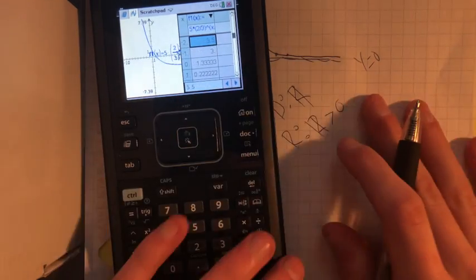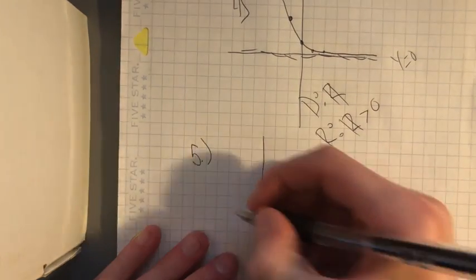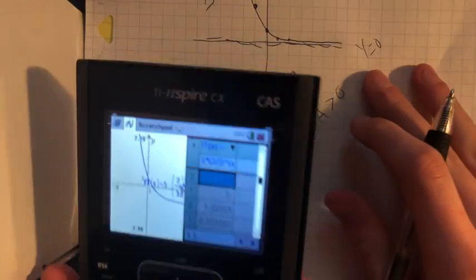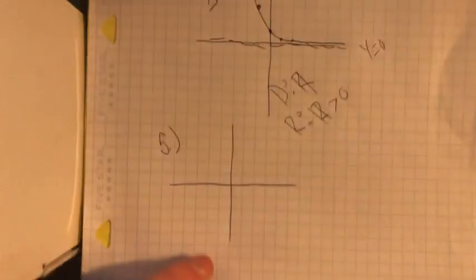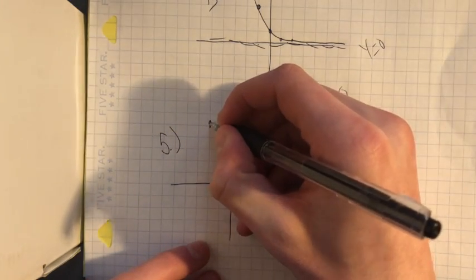Of course, we're going to do the -2, -1, 0, 1, 2. And we're going to get ourselves to 5.5. Put it right there.